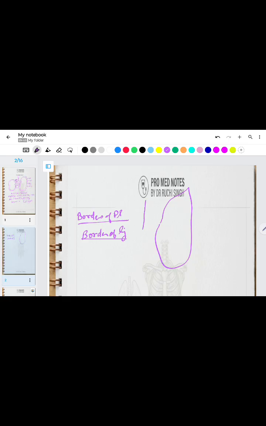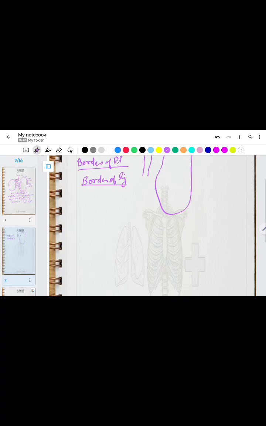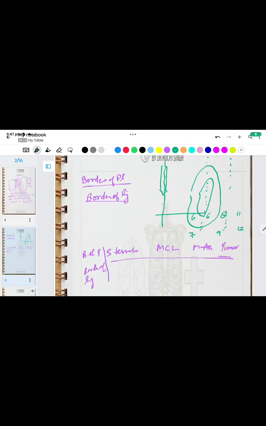At the sternum, so this is the marking of the borders of pleura and the borders of lung.